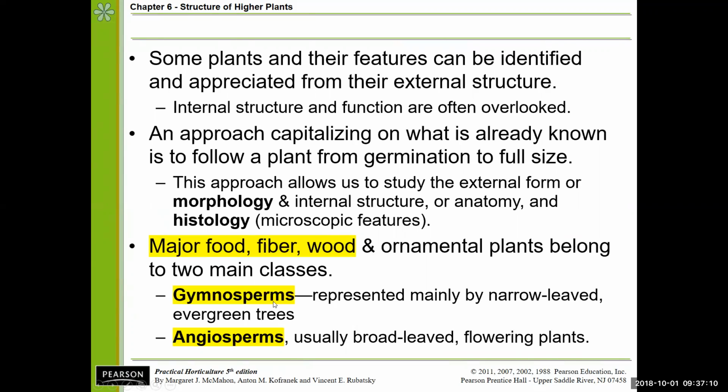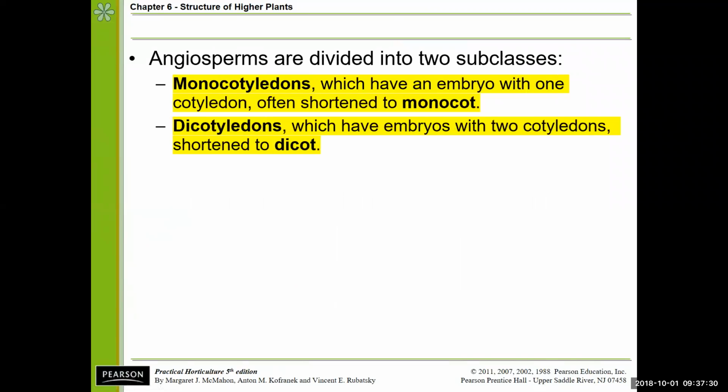But generally, the majority of our food, fiber, and wood crops are either gymnosperms or angiosperms. Gymnosperms are the cone-bearing plants. The angiosperms are the flowering plants. These are classes, but they're also actually their own phylums as well. And the big one that we look at is the angiosperms, which are the flowering plants, the most evolved plants.